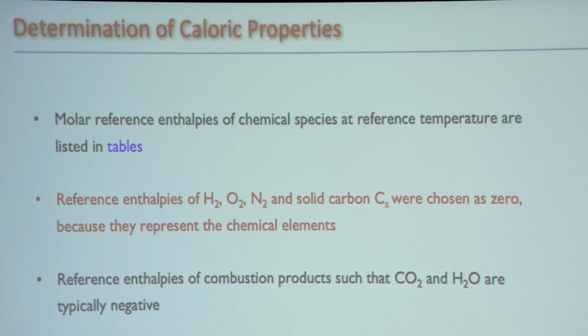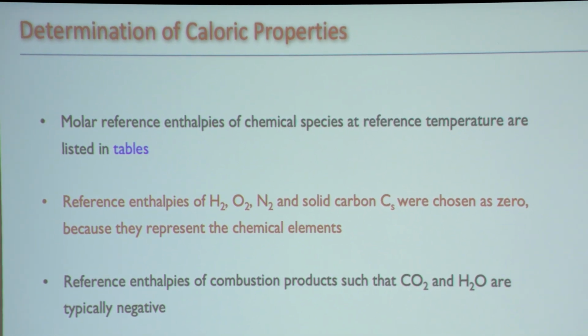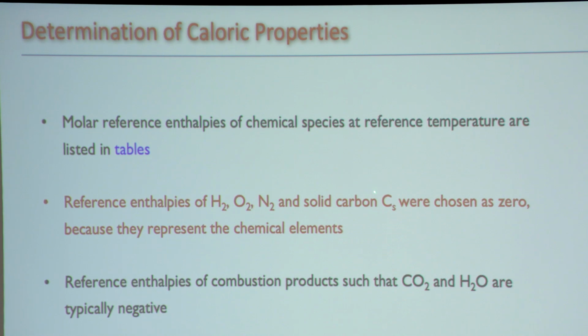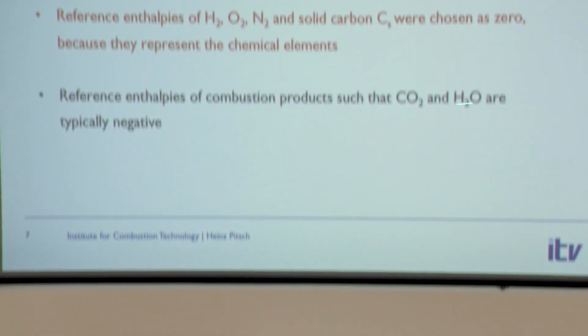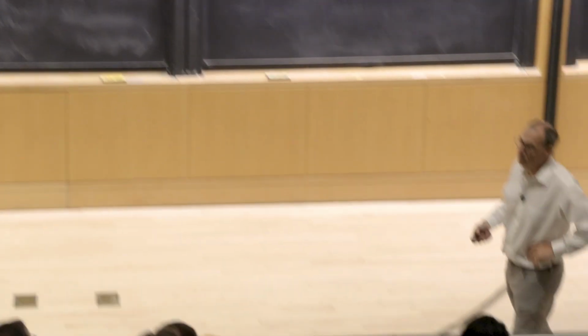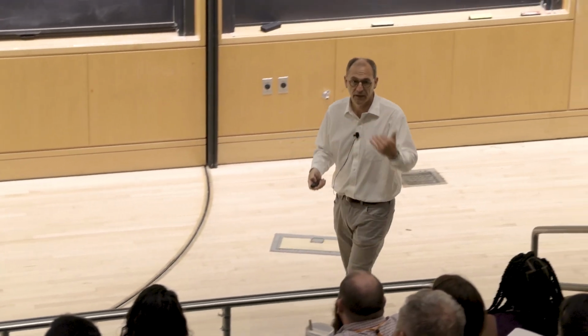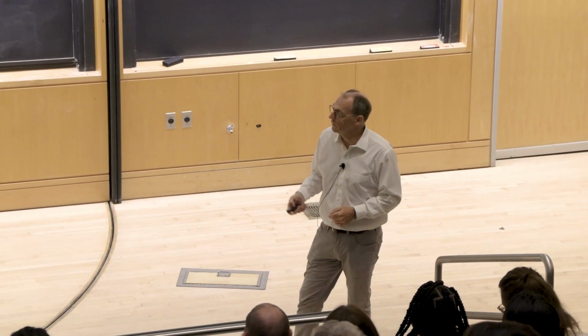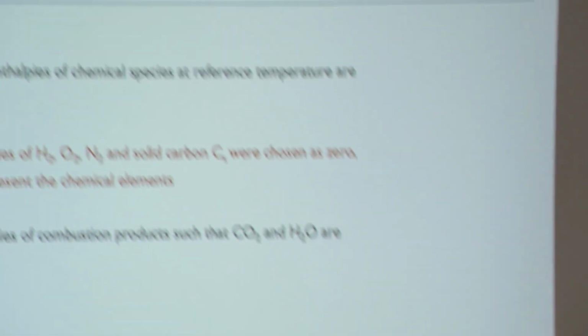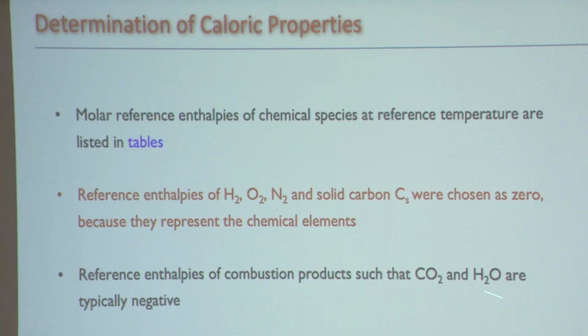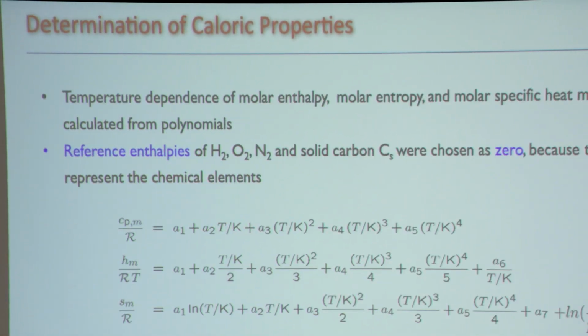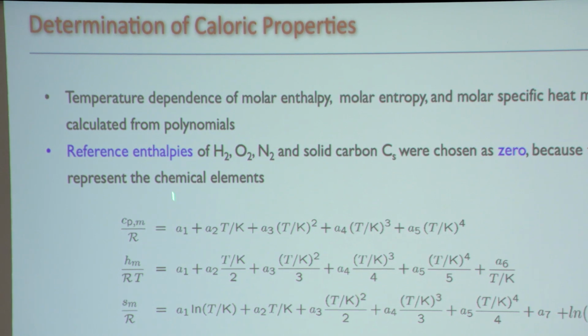Carbon at room temperature, pure carbon, is solid, is basically coal or graphite or whatever. So, right. And that's what I said earlier. Then typical reaction products have negative energies with respect to this, because otherwise it wouldn't be true.